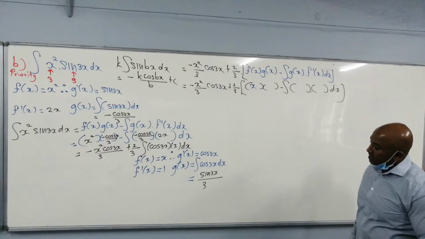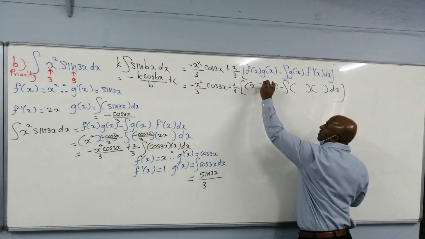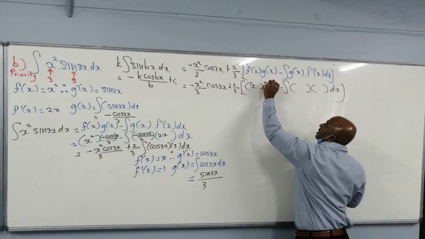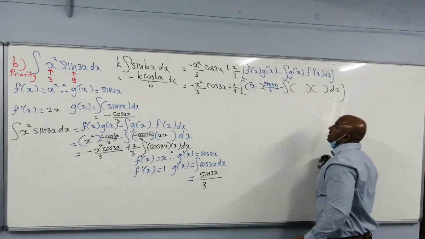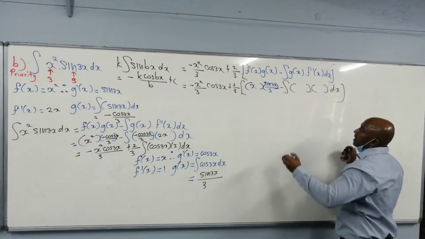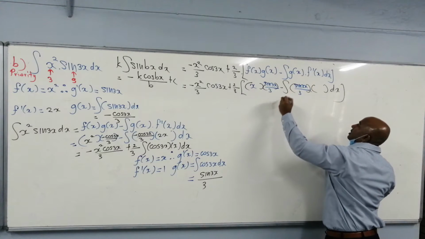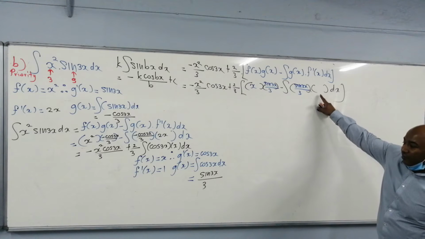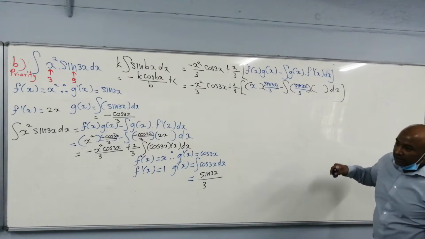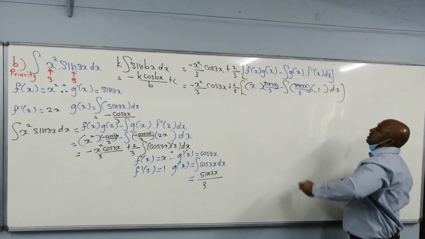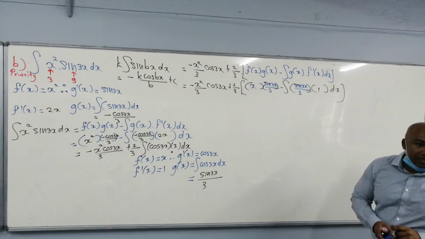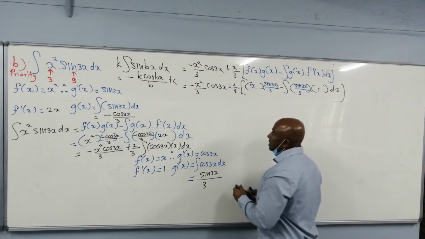What is my new g of x? Sine 3x over 3. And then g of x again, which is sine 3x over 3. And then f prime x is 1. Right, so now let's remove these brackets.